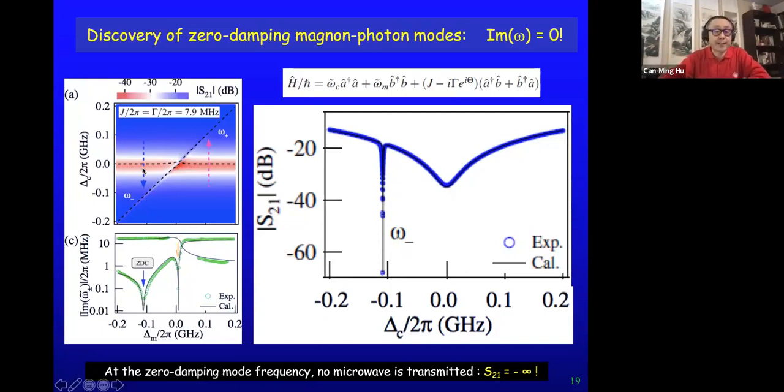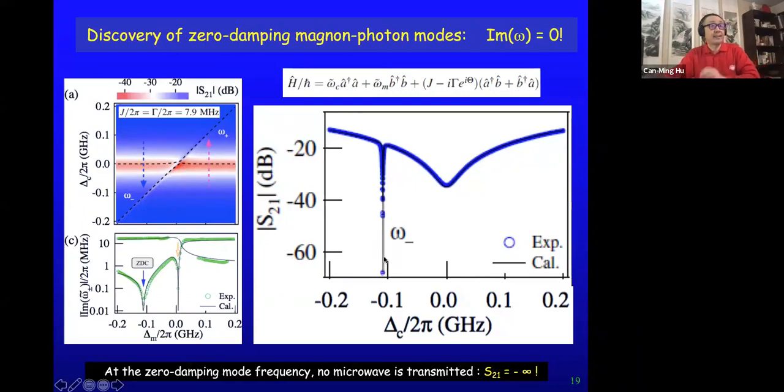And you can see the coupling effect if you look at a certain magnetic field. Let's say at this magnetic field, you scan your frequency, you get a spectrum. This is scanning the frequency at that particular magnetic field. Transmission from port 1 to port 2, S21. Now you see two modes. One very broad mode, this is the cavity-like mode, and one very sharp mode. This is the magnon-like hybridized mode.